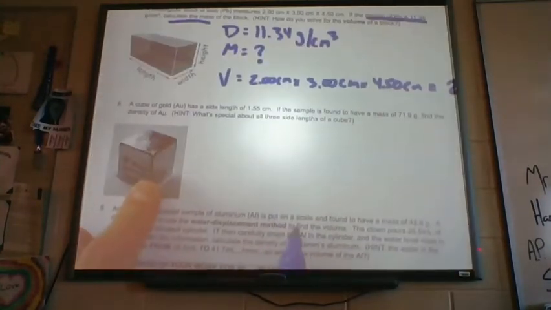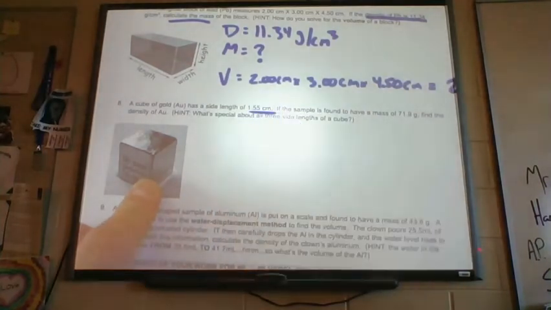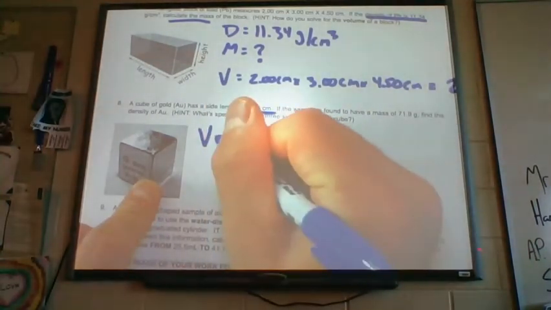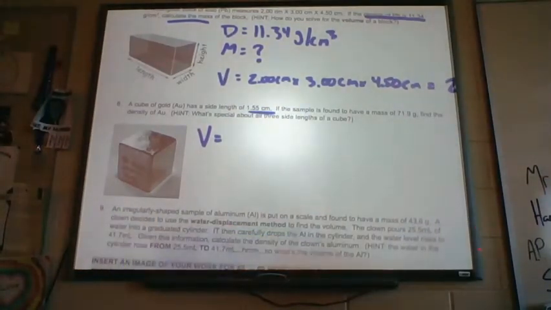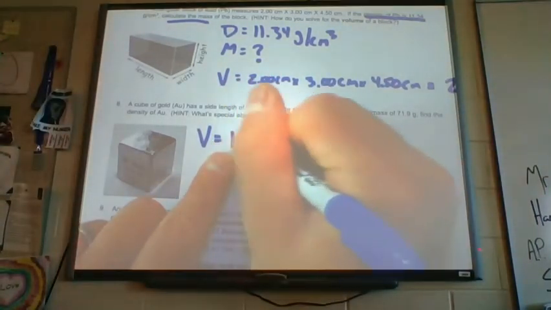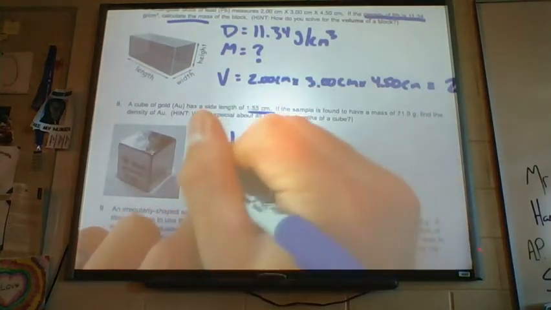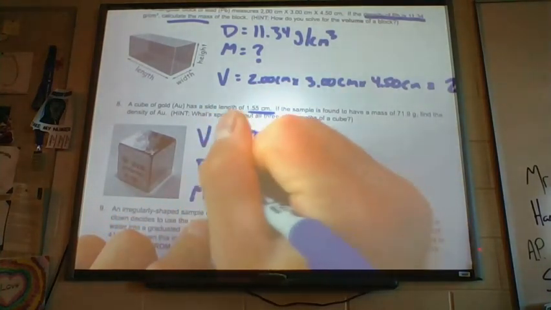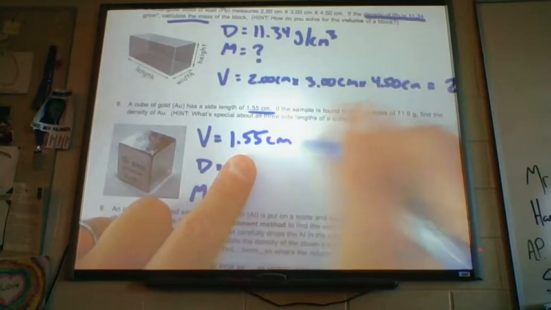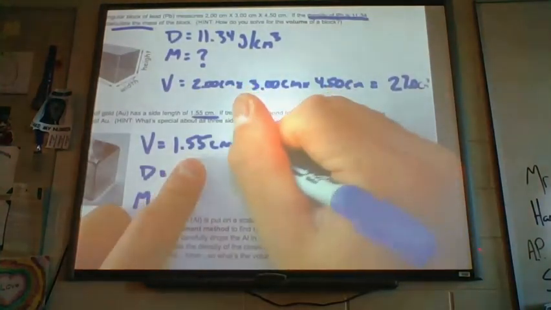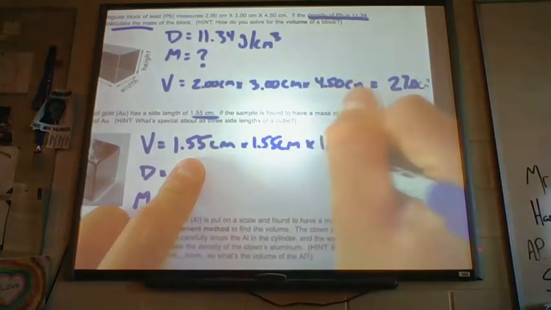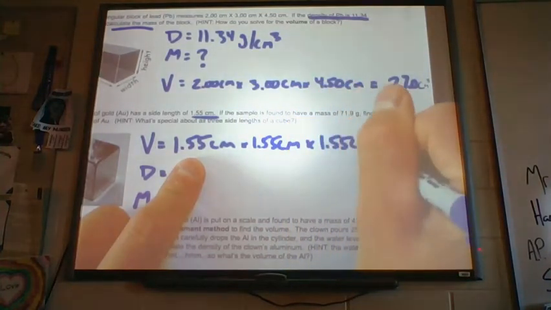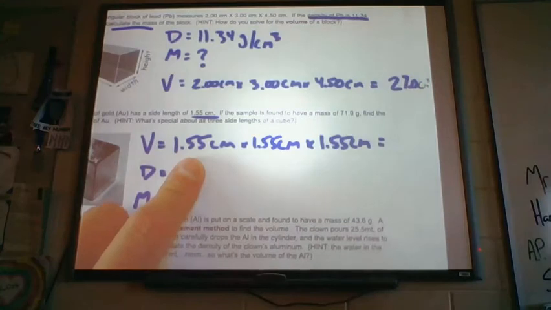Question number 8, same idea. We have a cube here. To find the volume of a cube, the length, the width, the height, they're all the same. So if the length, width, and height are all the same, you would just multiply that, or you could just cube it, right?